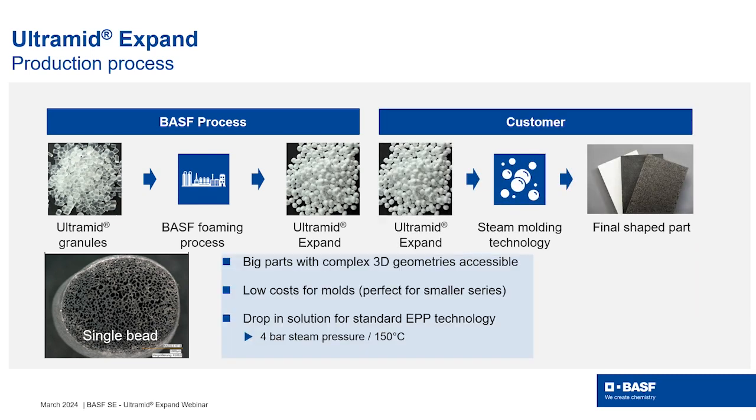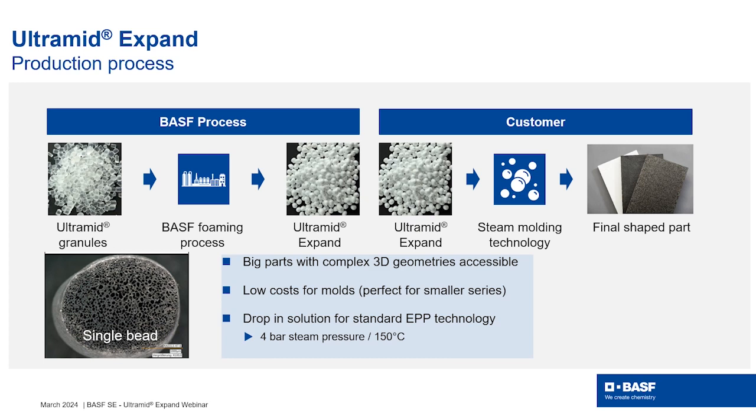These foam beads are then delivered to our customers, which then typically fuse the beads together with steam chest molding technology. Very important aspect again is that you can realize very big or even huge parts with this technology. You have low costs for the mold, and very important aspect, this is a real drop-in solution for existing processing technology.